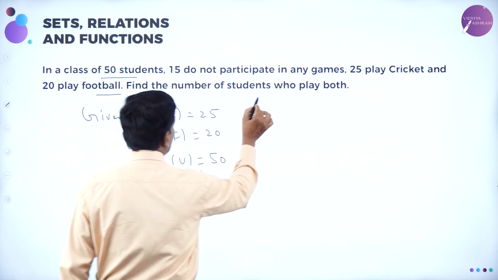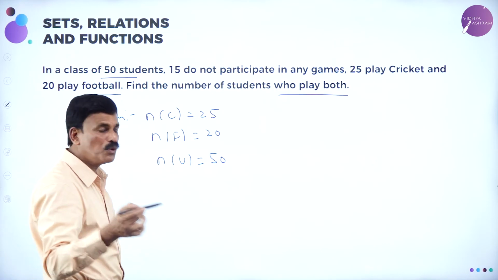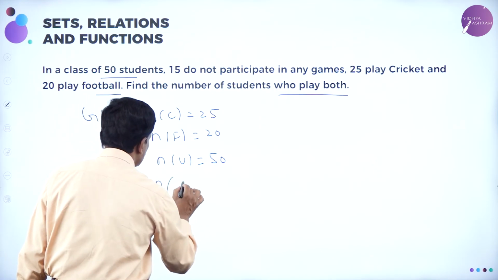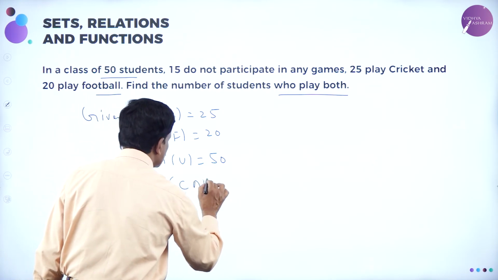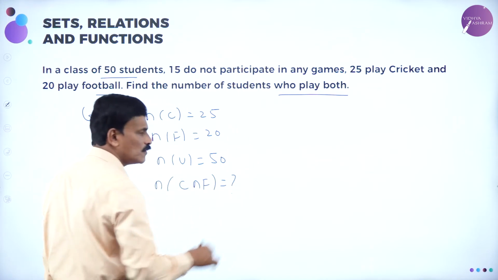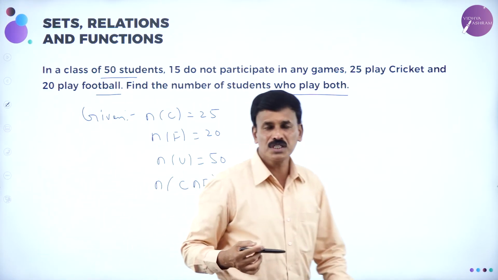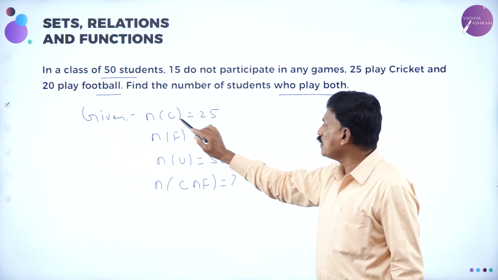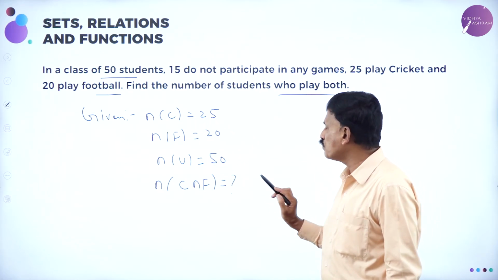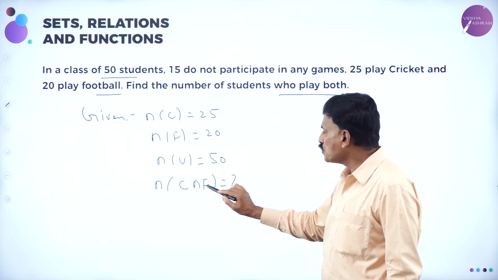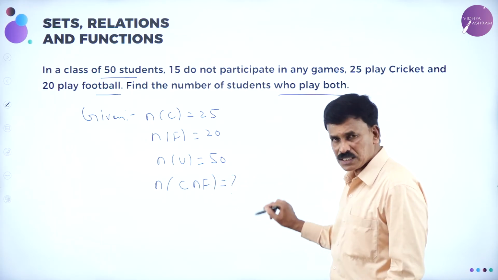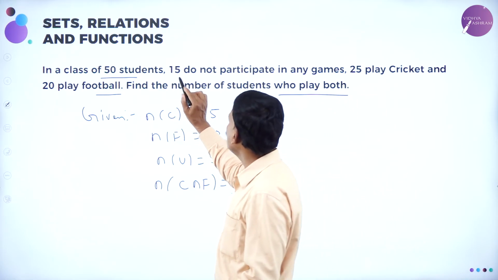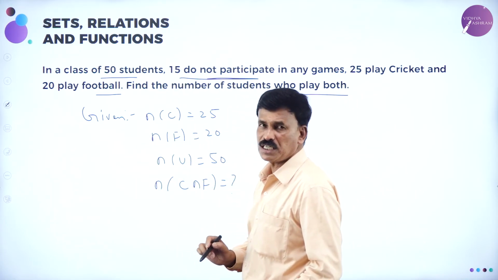And what is to find? To find the number of students who play both, in the sense the number of students who play cricket intersection football, is the question mark. This is the given condition. So in a class of 50 students, 25 play cricket, 20 play football, and how many play both? But one condition is given: 15 do not participate in any game.